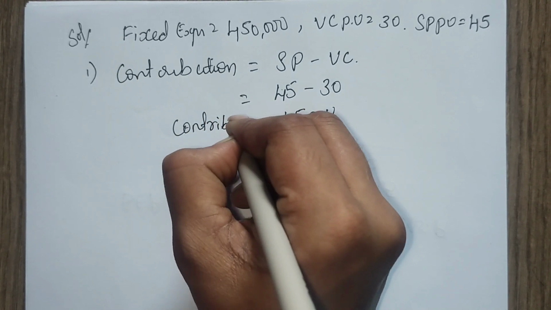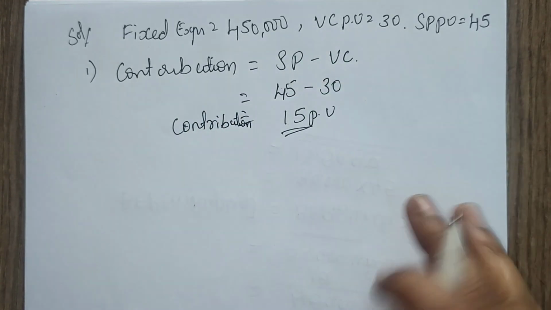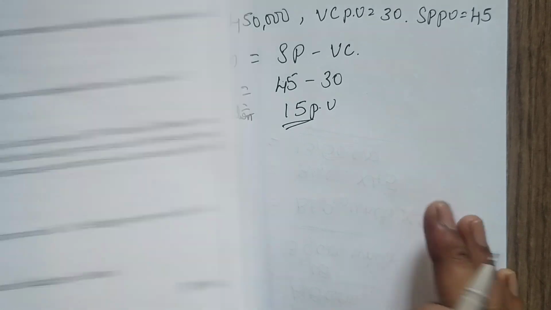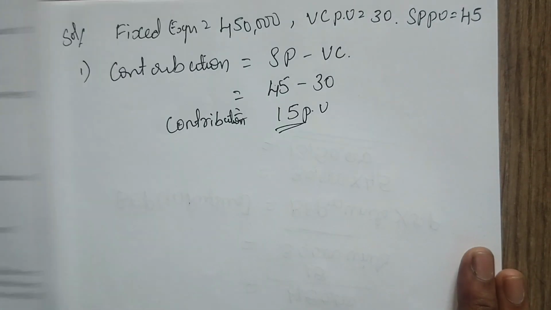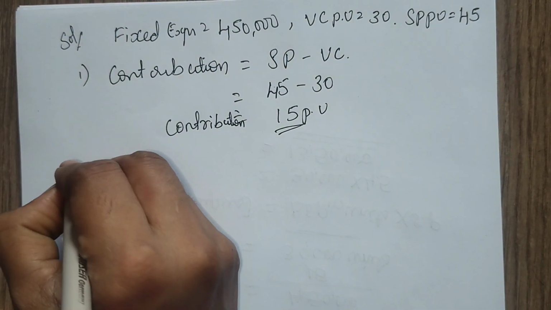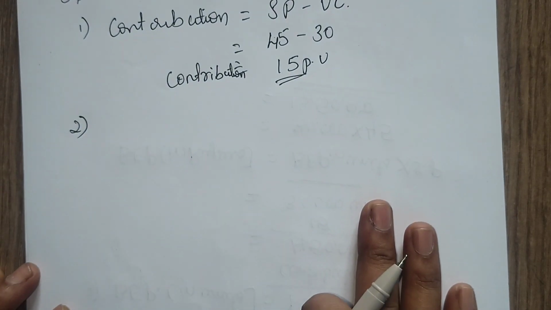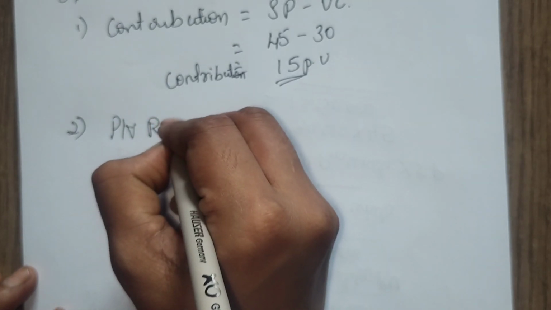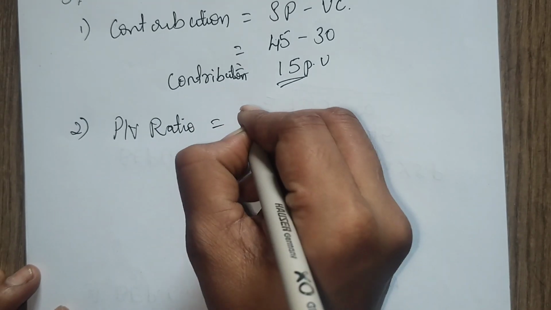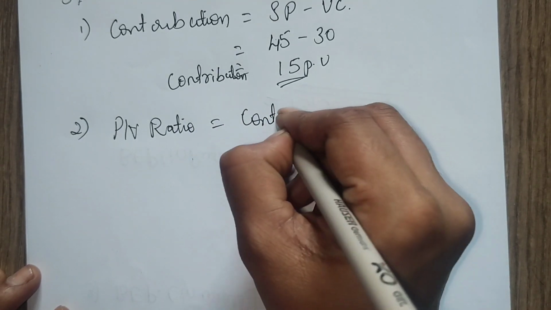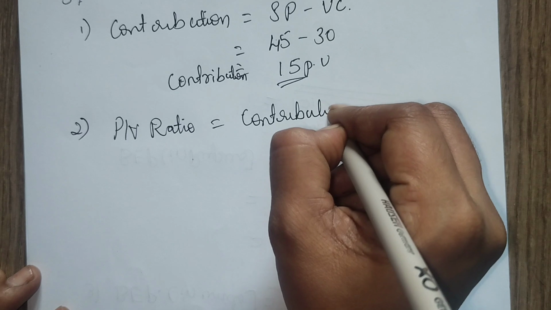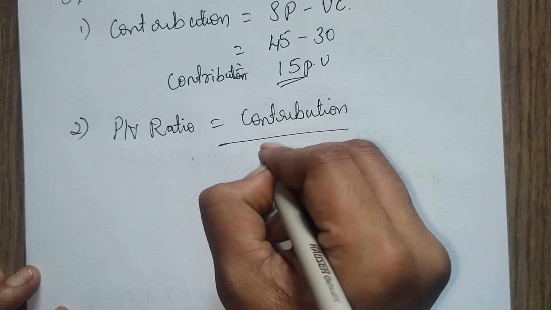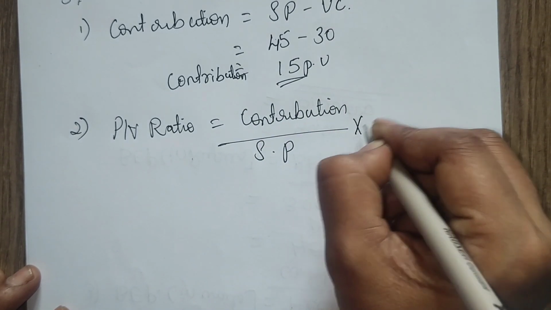The next question is, we need to find out PV ratio. When contribution is there, then the formula for PV ratio is contribution divided by selling price into 100.